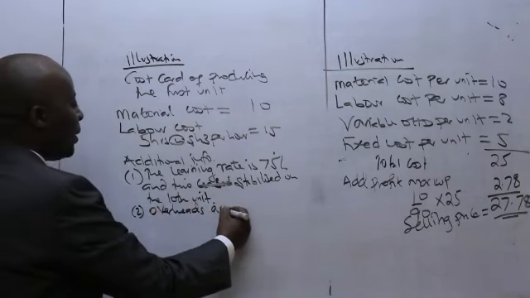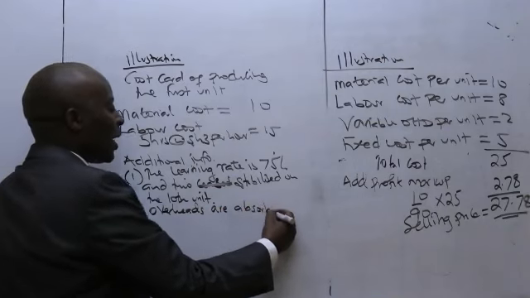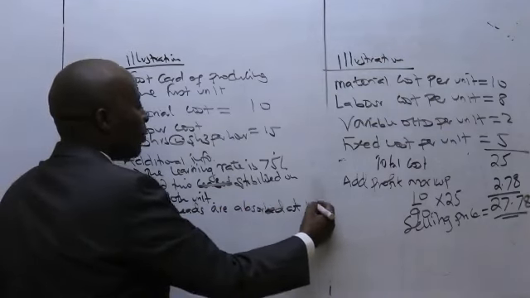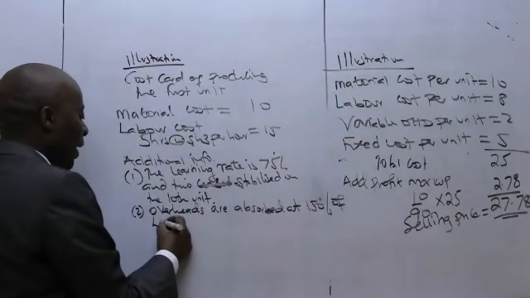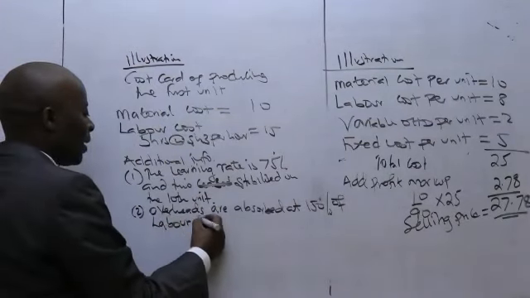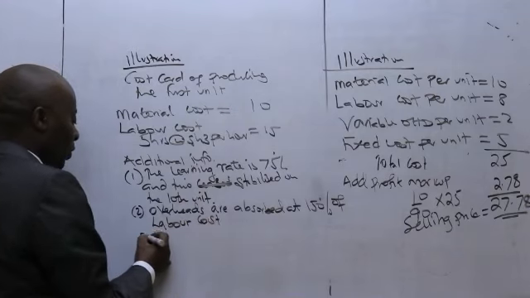Number two, overheads are absorbed at 150% of the labor cost. Full stop there.